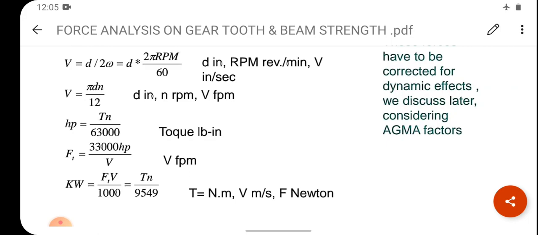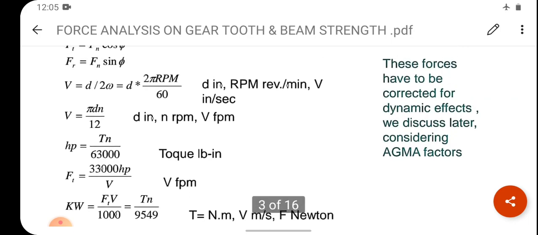HP is nothing but horsepower. Or in metric units, or you can say SI units, kilowatt. In kilowatt, it is calculated as Ft into V upon 1000 or T into N upon 9545. Here, T is in Newton meter, V is in meter per second, F is in Newton.